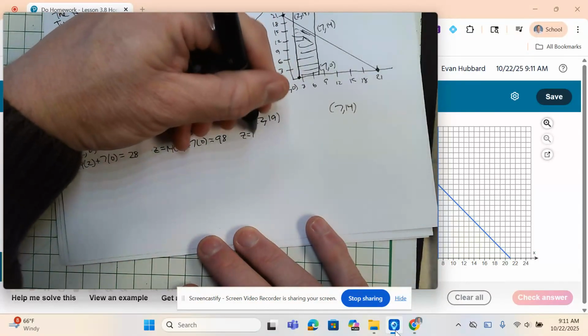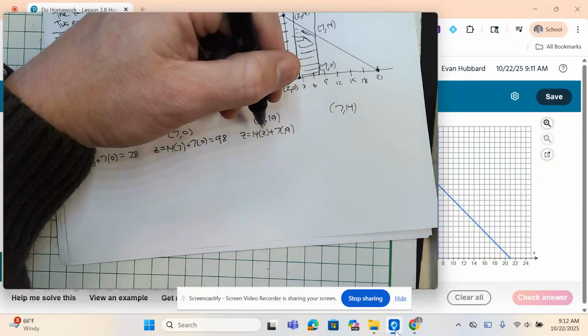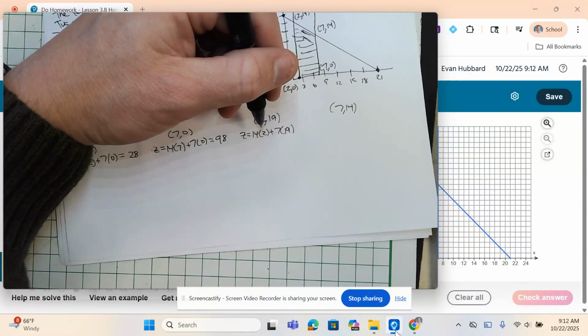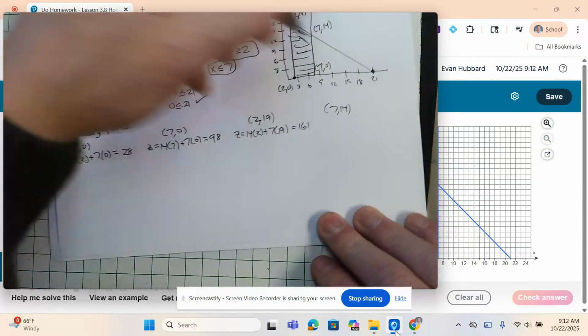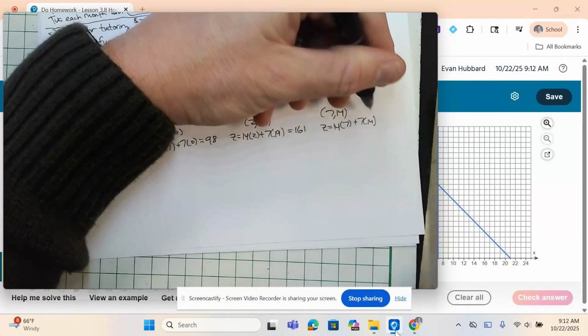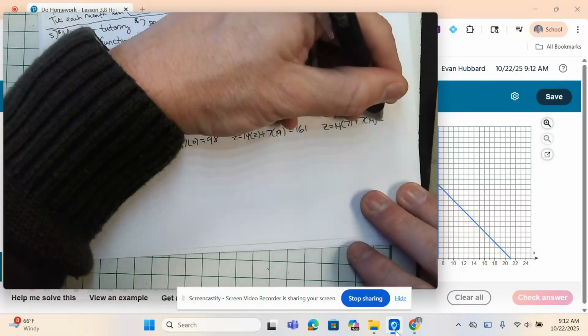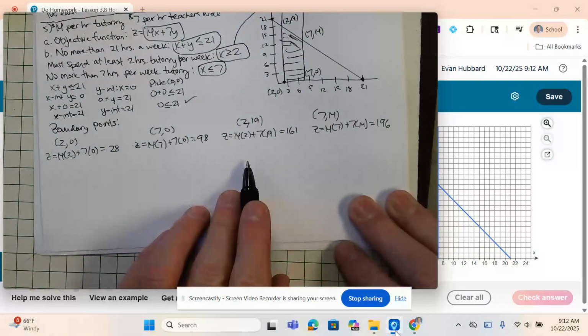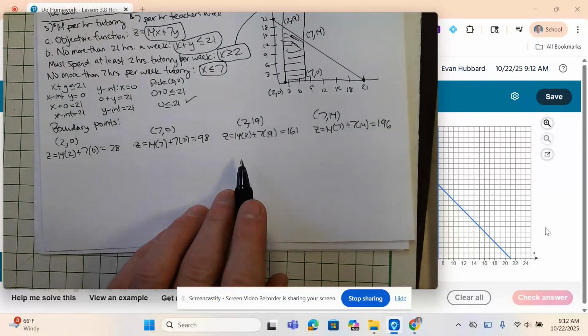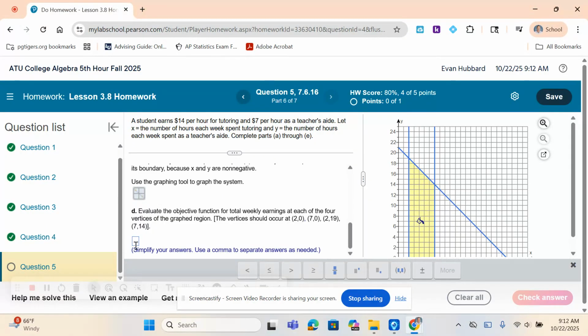Z equals 14 times 2 plus 7 times 19, which is 161. Z equals 14 times 7 plus 7 times 14, which is 196. So your values are 28, 98, 161, and 196.